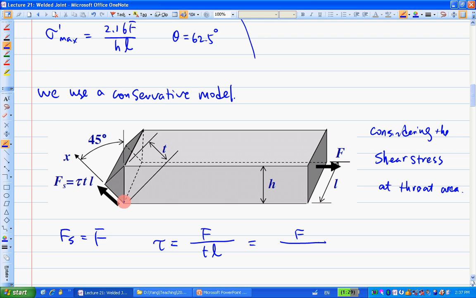Trigonometry. This is H, this is 45. H times cos 45, right?